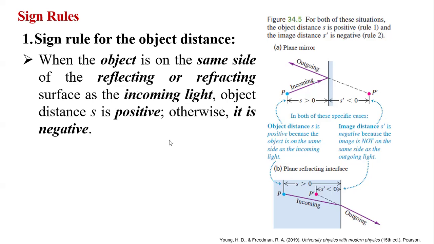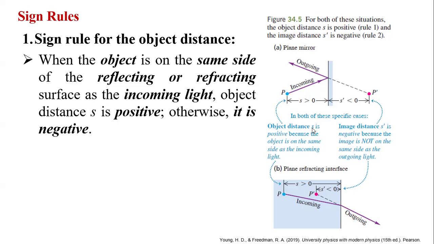Otherwise, it is negative. Again, this is the object. It is on the same side of the reflecting or refracting surface as the incoming light. So this is the incoming light, and the object is on the same side as the incoming light.